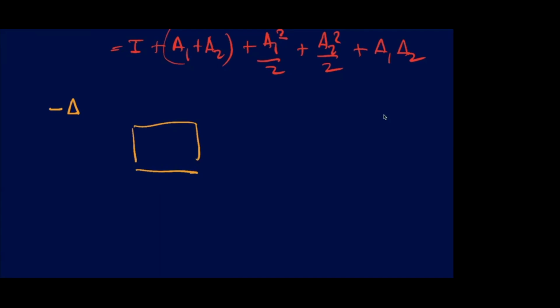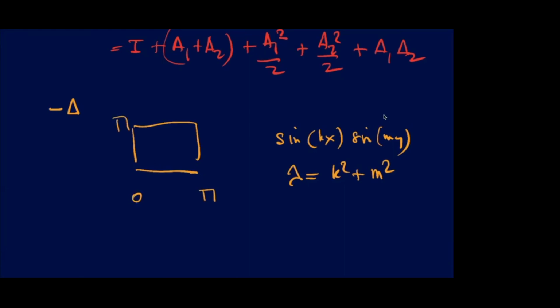You can actually compute the eigenvalues and the eigenvectors of the Laplacian on the square. It's sine kx, sine my, and the corresponding eigenvalue will be k squared plus m squared. And this is true in the domain 0 pi, so in the square omega, 0 pi squared.